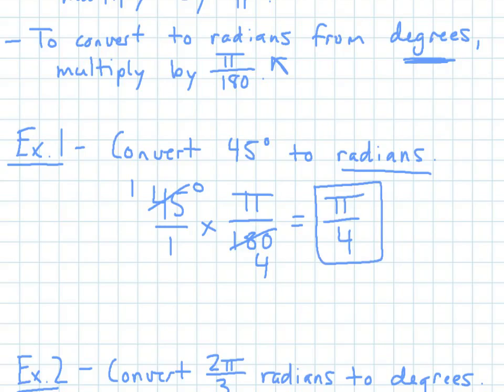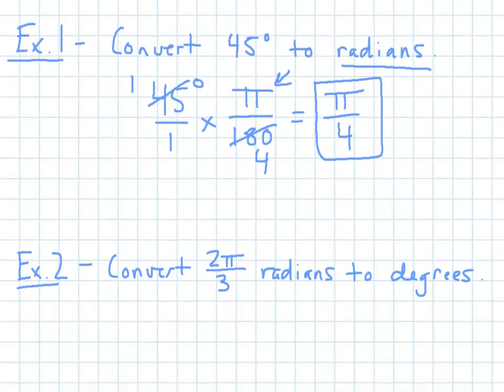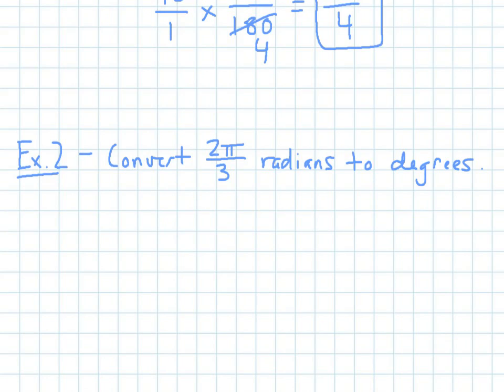Now, anytime you have radians, you should have pi in the end. So if I want radians, pi should be in the numerator. If I want to get rid of radians and make it degrees, pi should be in the denominator, because then I can cross cancel. Like this one, I have 2 pi over 3 radians, and I want to go to degrees. So I would take 2 pi over 3 times 180 over pi.